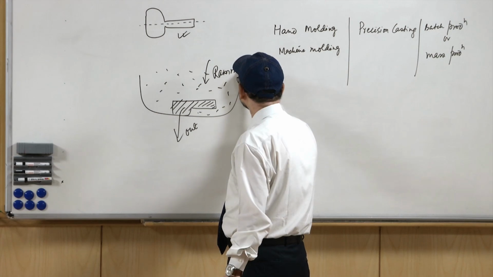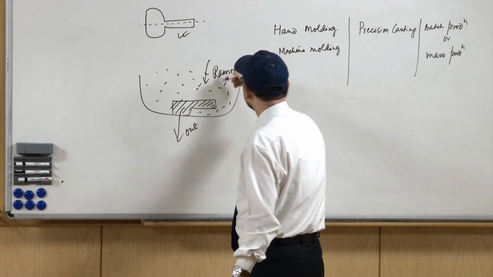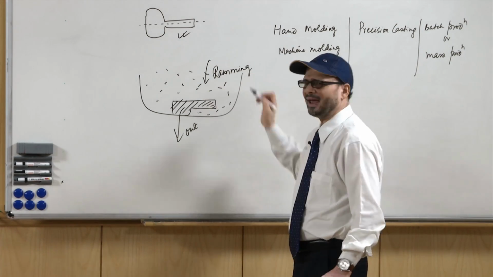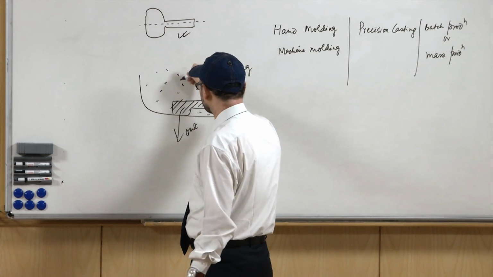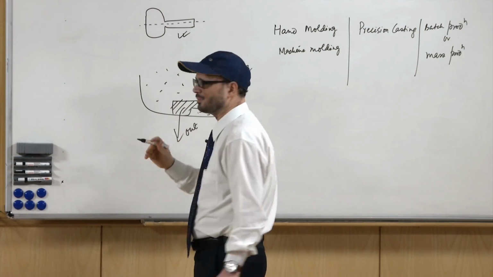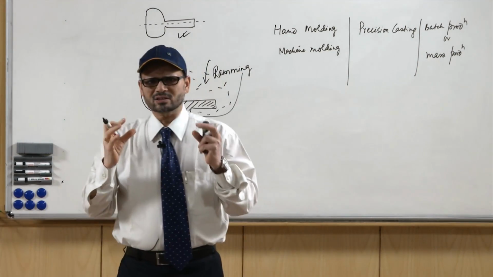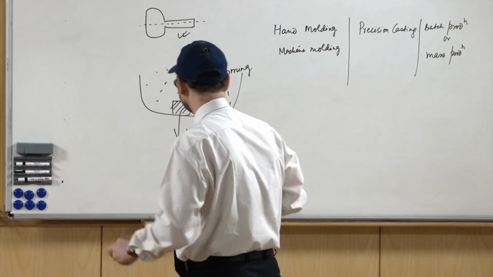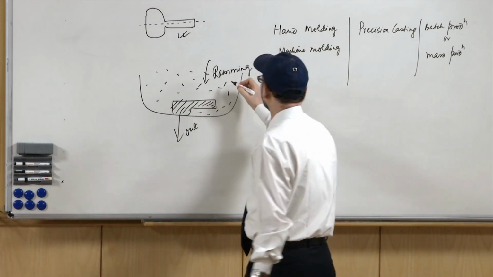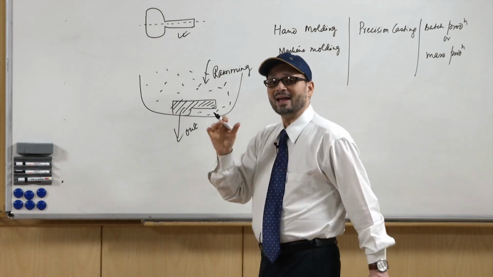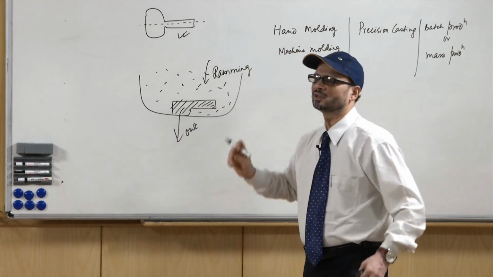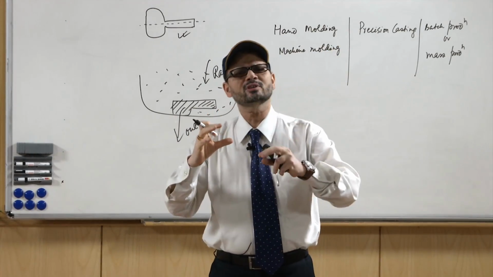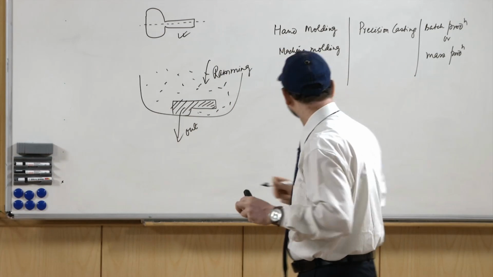So, in hand molding the ramming is done by hand, whereas in machine molding this is put on a machine. So, this ramming is done by machine, which requires the pattern to be strong. So, it will decide what kind of material. If you want to go for machine molding, the pattern has to be stubborn, it has to be strong.